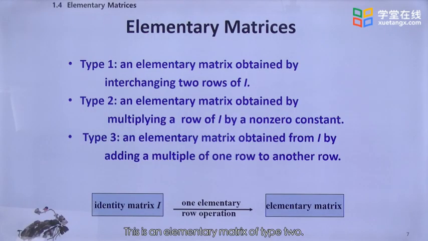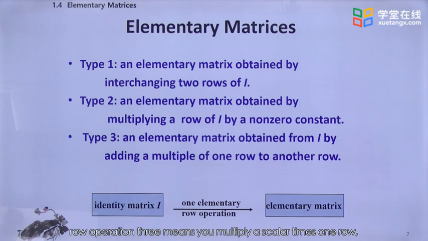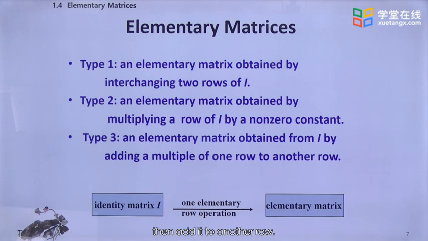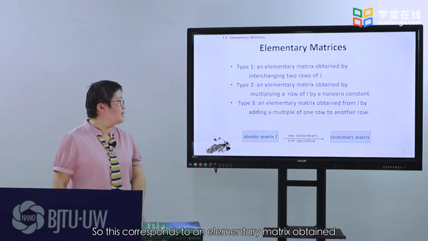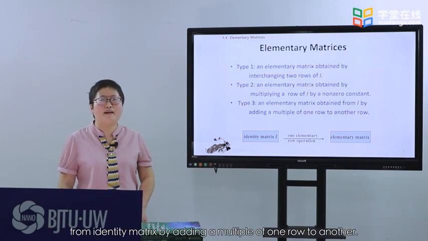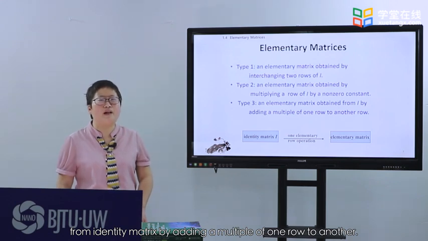And corresponding to row operation 3, where you multiply a scalar times one row and add it to another row, this corresponds to an elementary matrix obtained from the identity matrix by adding a multiple of one row to another.